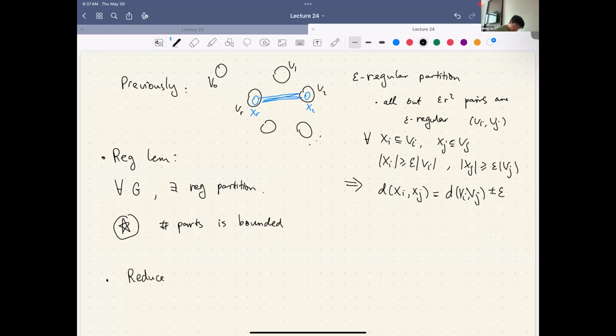We can reduce a problem A on some graph G to some problem B on this reduced graph R.